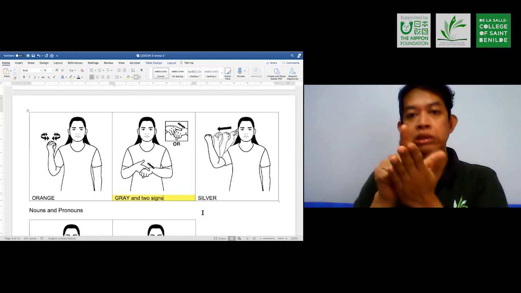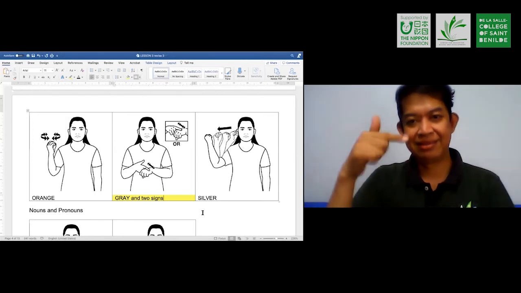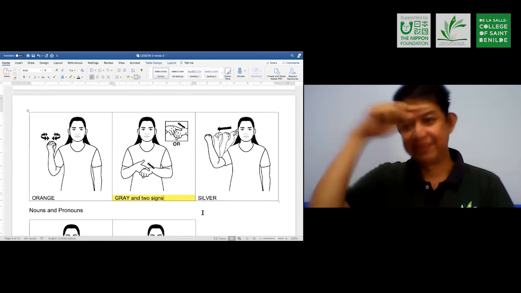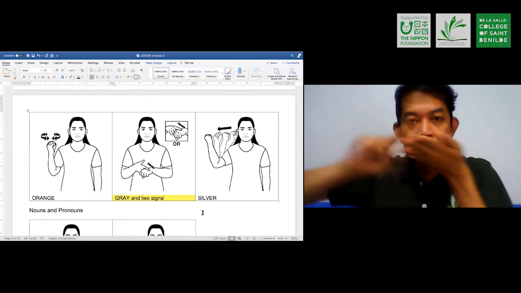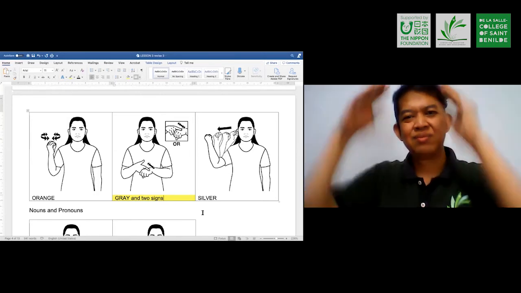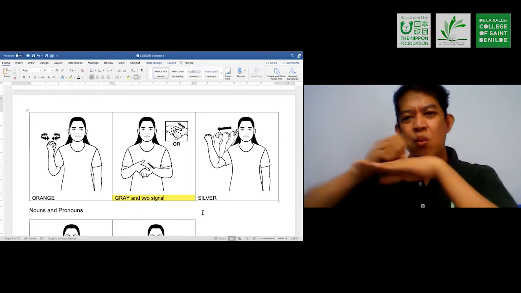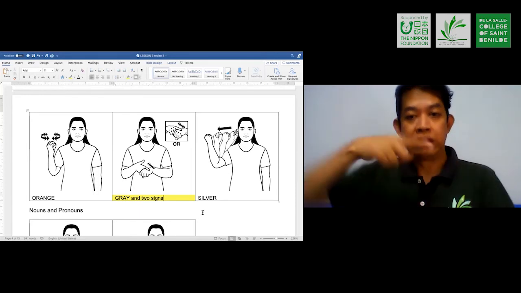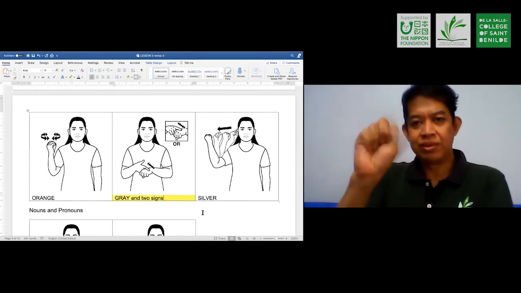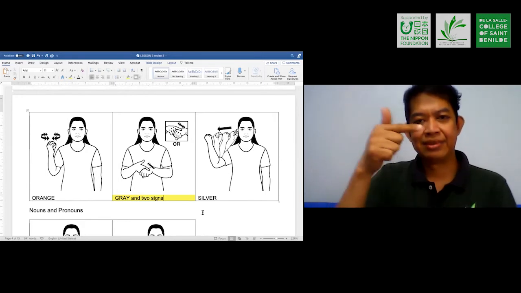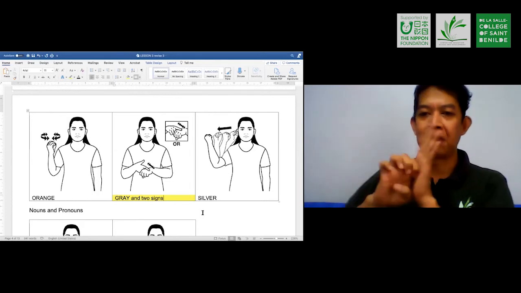Back when I was teaching, we did lessons with initialized signs like green, yellow, blue, black. But for now, when we're checking with other teachers, a lot of them still use initialized signs, and we were trying to think of a more natural way of signing these colors.